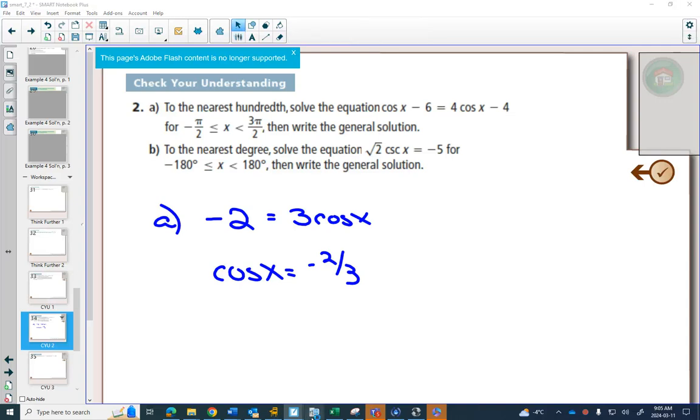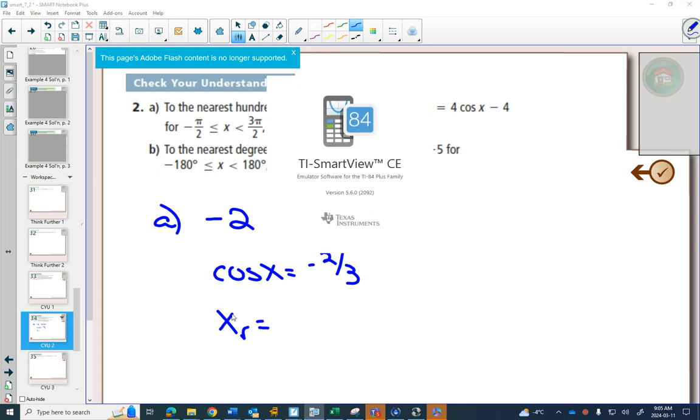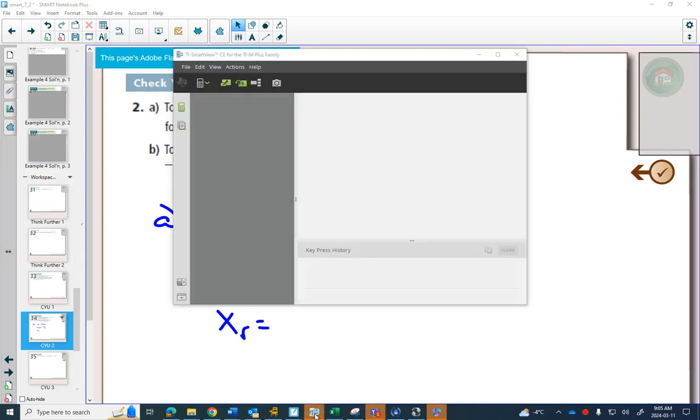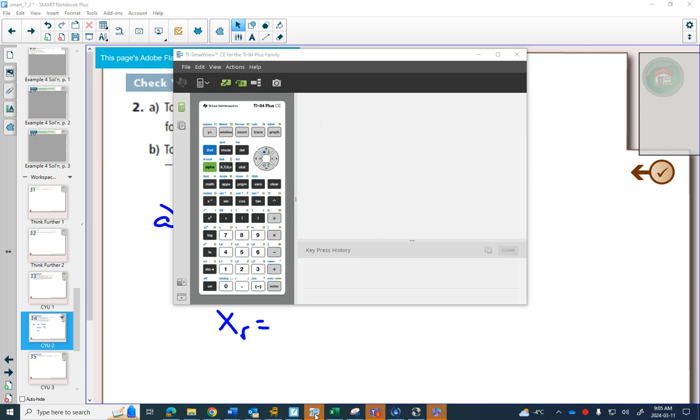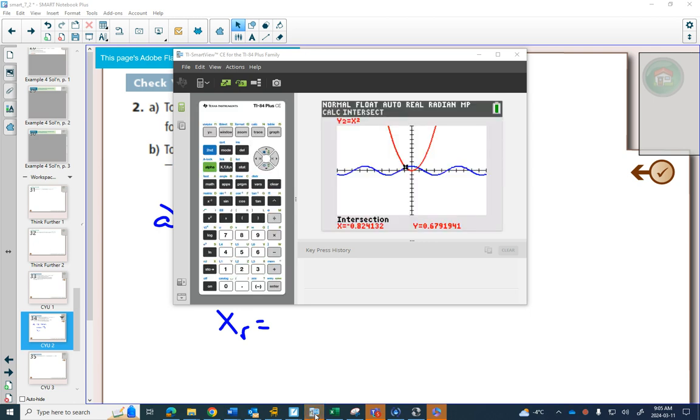And on our calculator, when we find our reference angle for x, remember reference angles are always positive angles between 0 and 90 degrees or between 0 and pi over 2 radians. So when we find a reference angle, we always need to make sure we put in positive values.